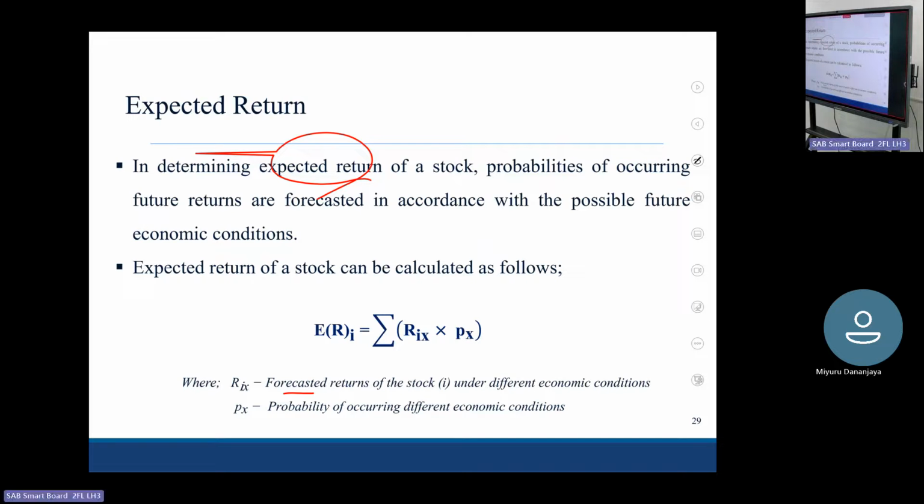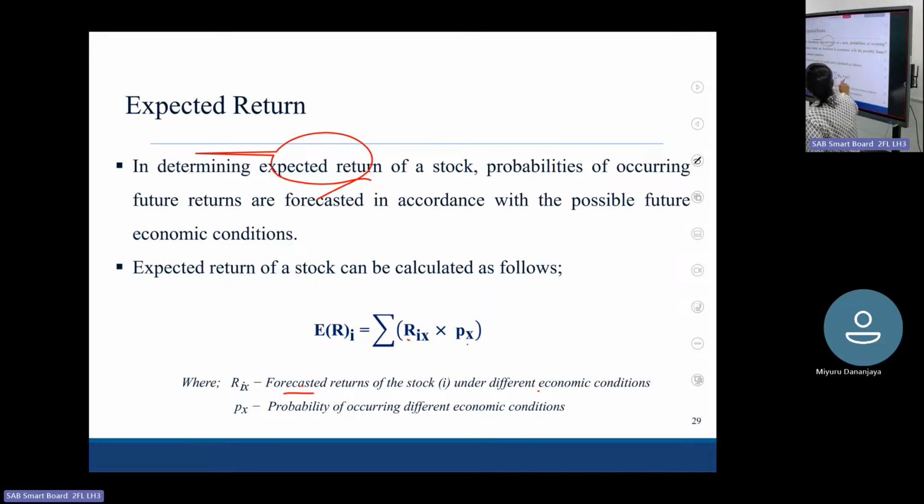You have to forecast the return if economic condition X occurred, and this is your forecasted return. If economic condition Y occurred, this is the forecasted return. Likewise, you have to identify all possible economic conditions, all possible economic happenings. So here Ri is the forecasted return of stock i in different economic conditions.